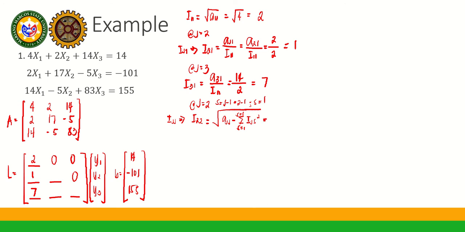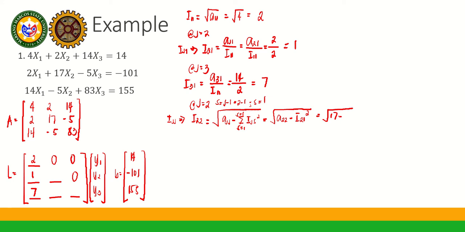So our new formula will be the square root of A22, since j is equal to 2, minus I2S, with s equal to 1, quantity squared. So what is the value of A22 from the augmented matrix? A22 is 17.